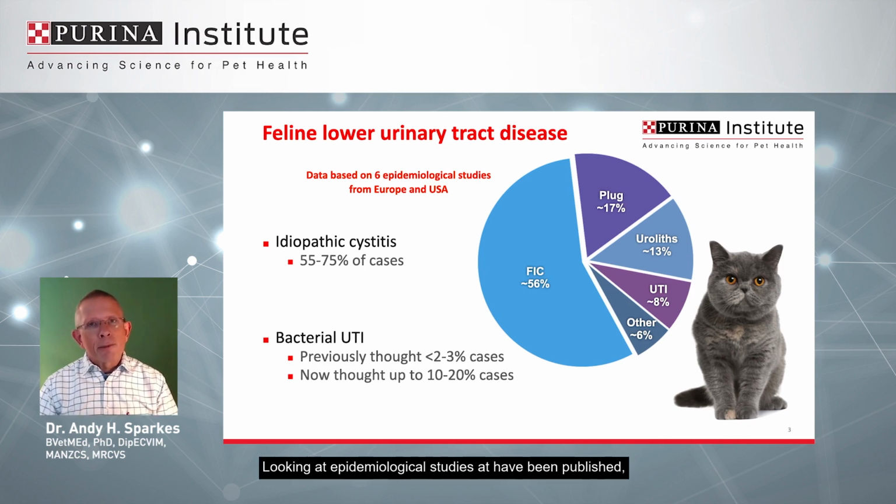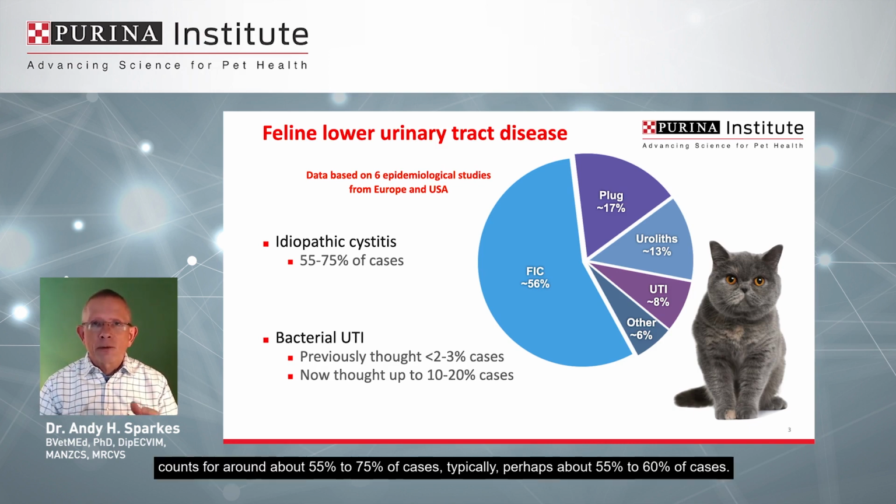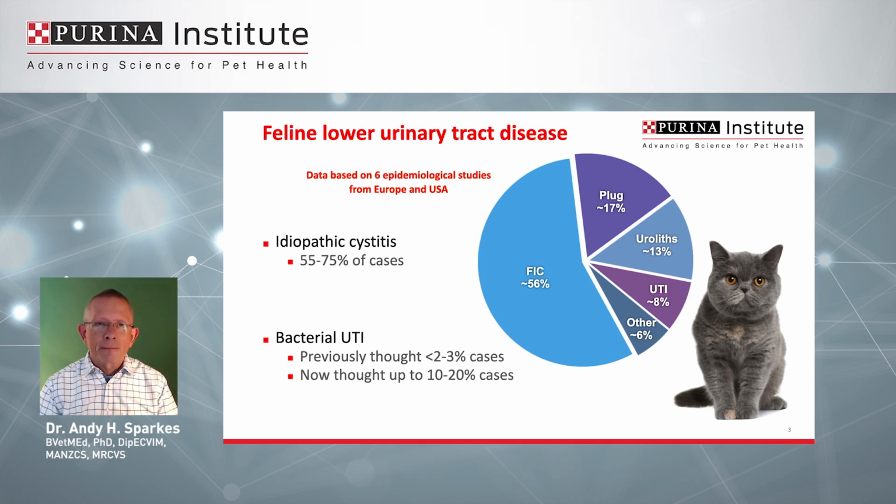Looking at epidemiological studies that have been published, again looking at the type of lower urinary tract disease that cats suffer from, we recognise that idiopathic cystitis accounts for around 55 to 75% of cases, typically perhaps about 55 to 60% of cases, and urethral plugs and urolithiasis are probably the other two biggest categories.